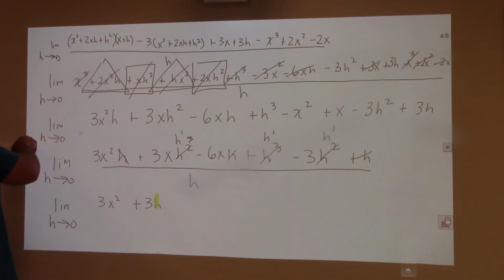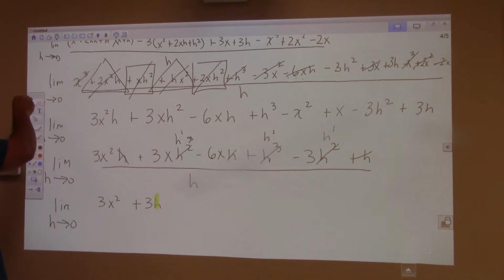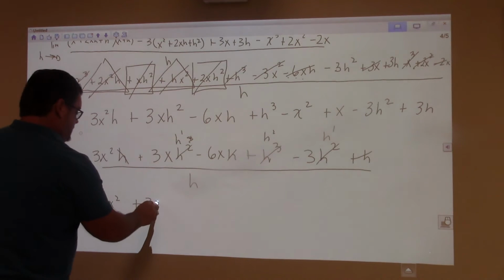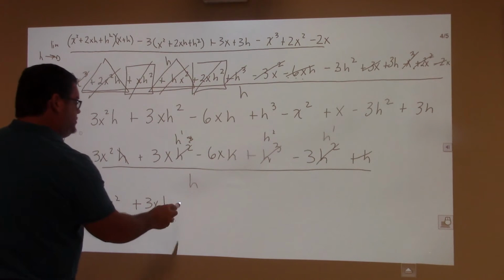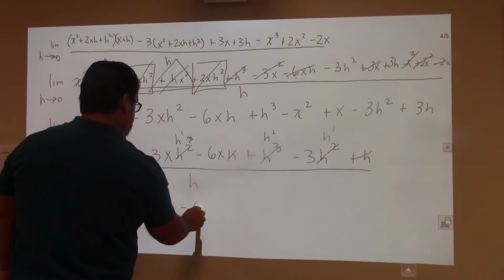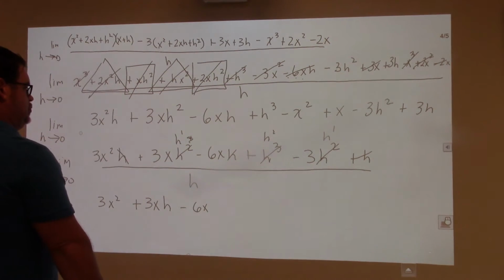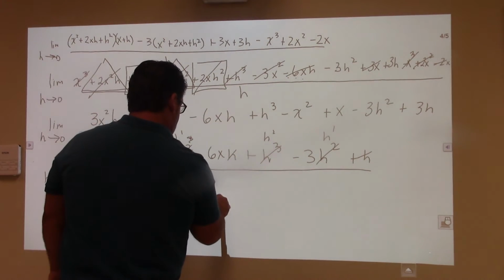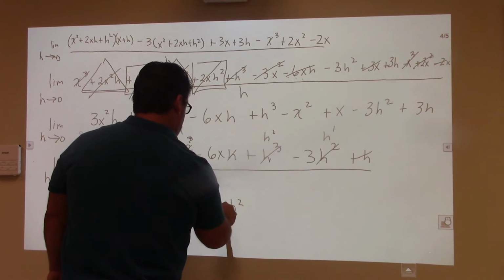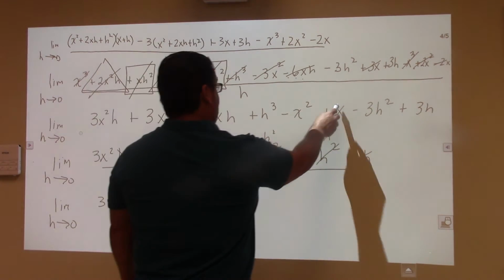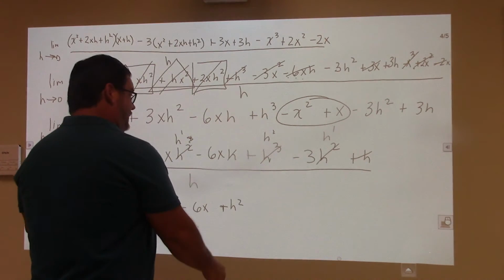But three xh minus 6x plus h squared. We'll come back to this later if we need to.